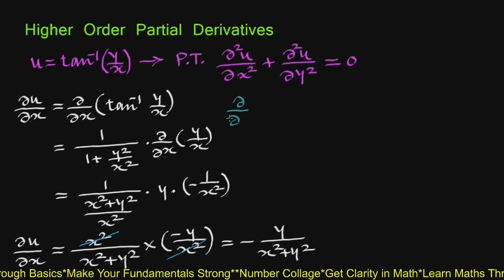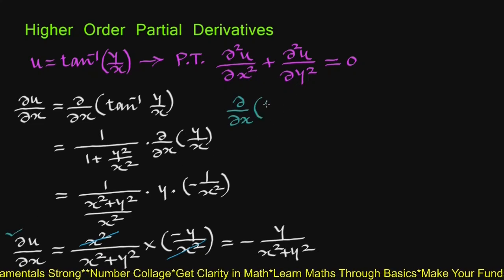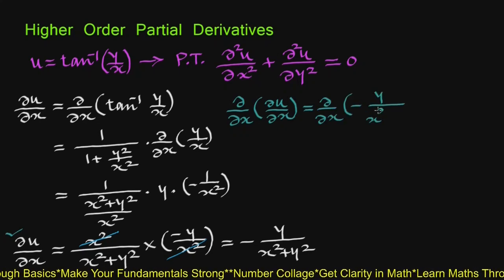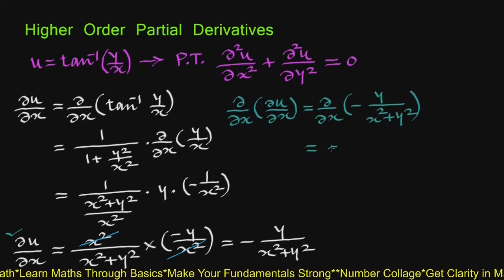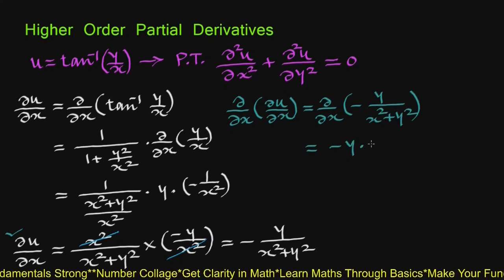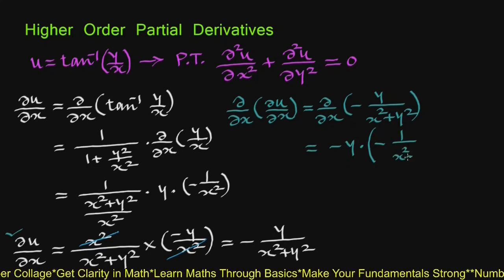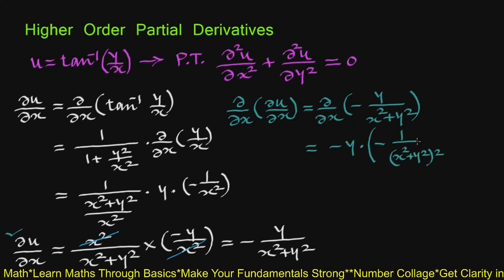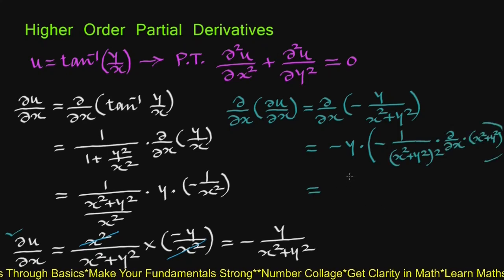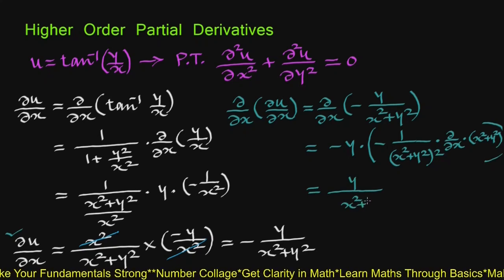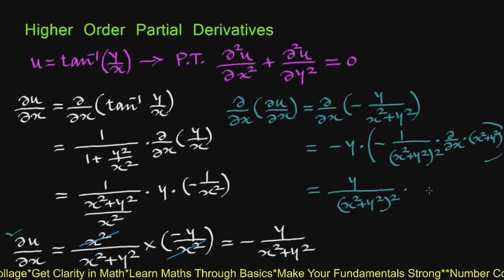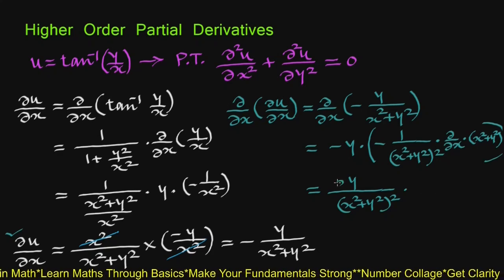Now we find ∂/∂x of this ∂u/∂x, that will be ∂/∂x of minus y/(x² + y²). This will be constant y into ∂/∂x of 1/(x² + y²), which will be minus 1/(x² + y²)² into ∂/∂x of (x² + y²), which is y/(x² + y²)² into ∂/∂x of (x² + y²), which will be 2x, that we write as 2yx.